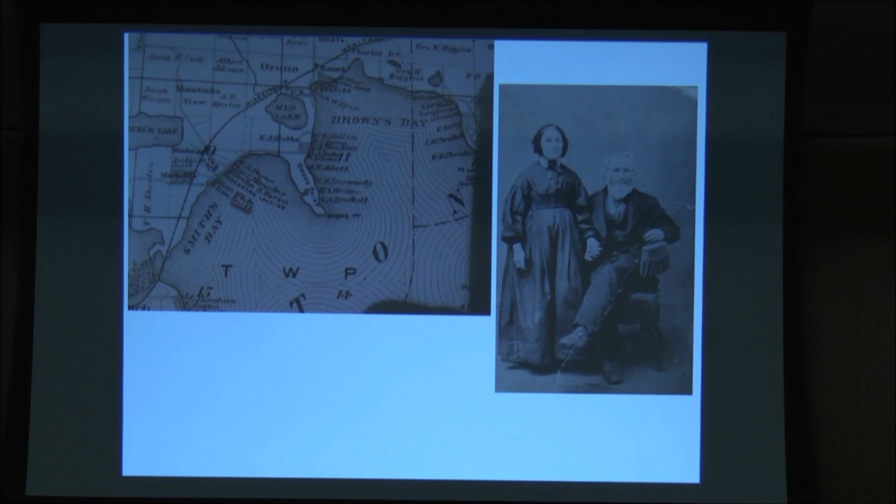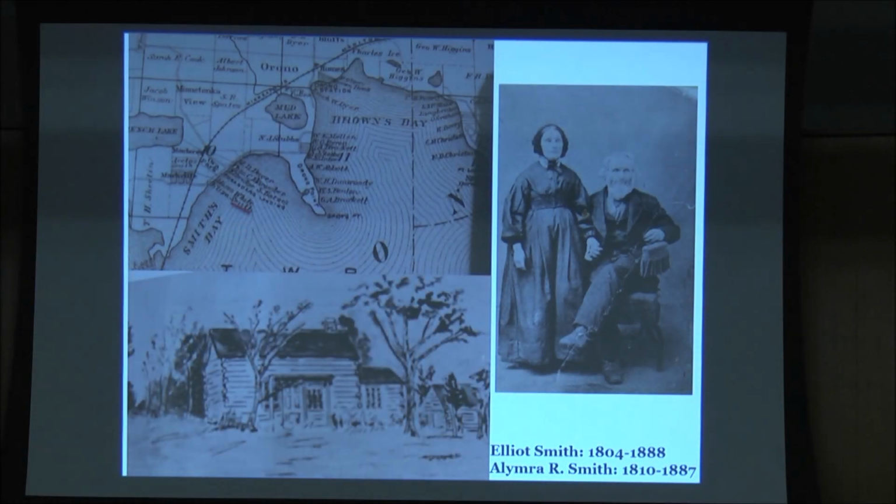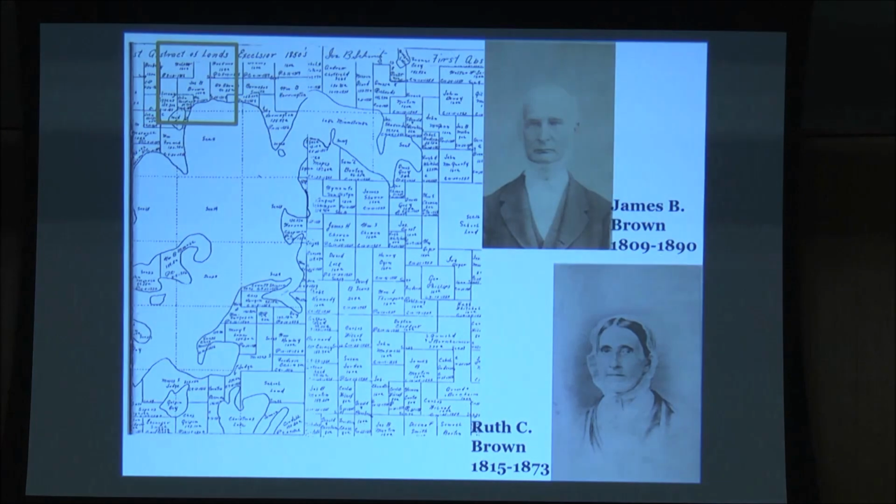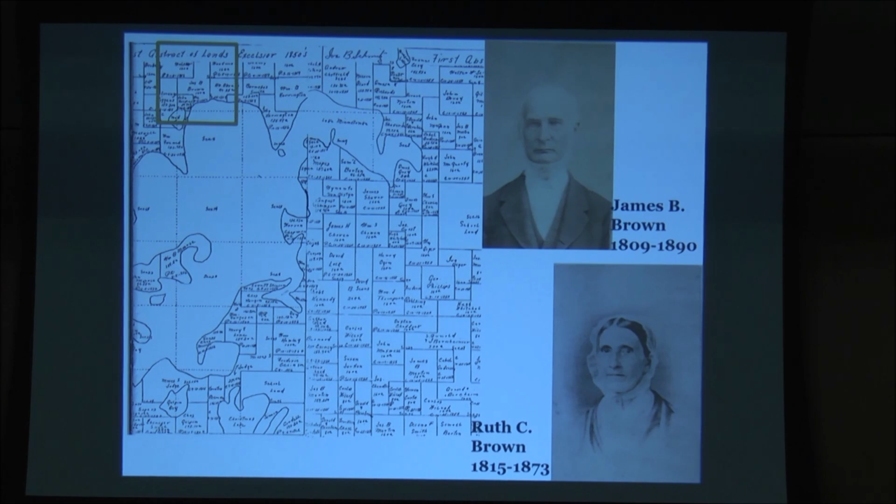Well, as we're heading back toward Wayzata, we're going to go by Smith's Bay, named for Elliot and Alma Smith. And the plat map right here is the Smith name for the plat map. And then this is a picture of the cabin that they built. And then as we continue on and we go to the next bay, it's Brown's Bay, named for James B. Brown and his wife Ruth.